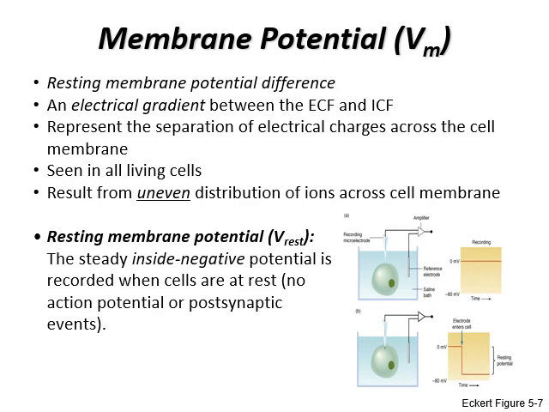Why do we see this negative charge inside the cell? Why is it more negative in here? One of the things we've already seen is there is uneven distribution of ions. Our sodium is high outside and low inside, and our potassium is high inside and low outside. These distributions of ions help to maintain this negative environment in the cell.